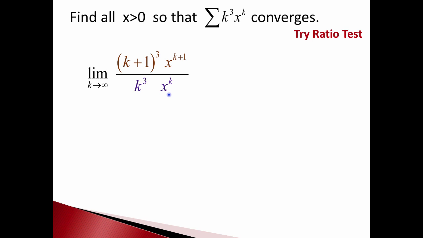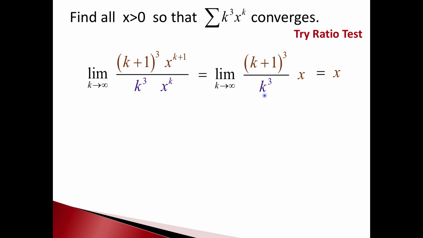The ratio test is going to work great here because I'm going to be able to cancel a bunch of stuff. Like look at the x's. The x to the k plus 1 and the x to the k cancel and leave me with just one x left over. Okay, what do I do with the rest of this stuff? The k plus 1 cubed over k cubed.